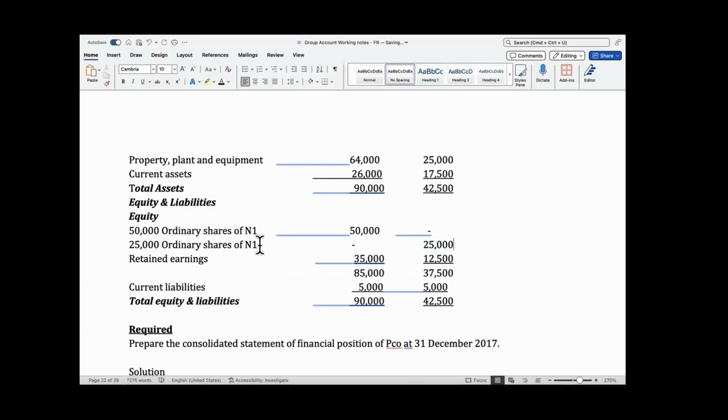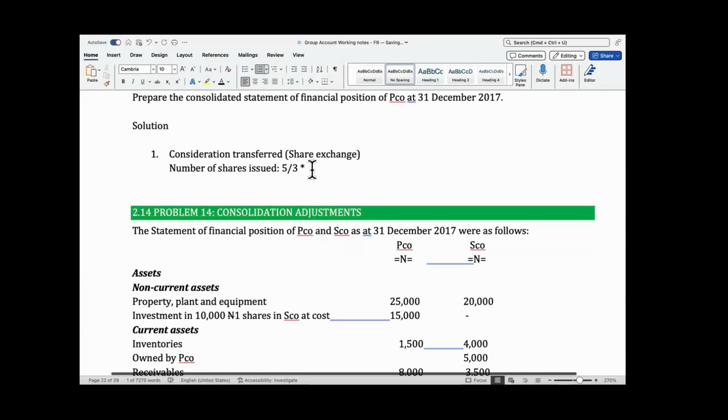But they gave us 1 naira, so everything is still easy. I'm giving him 5 shares for every 3 shares in ESCO, so if you just do it times 25,000, you are wrong.